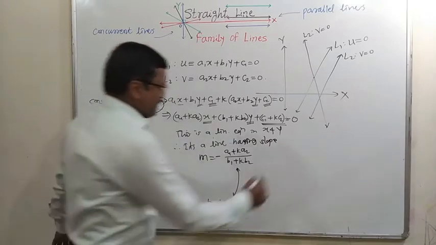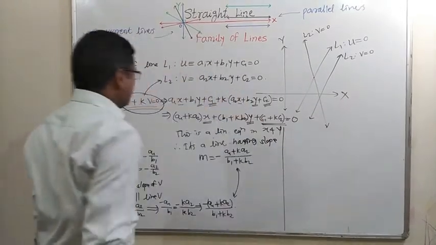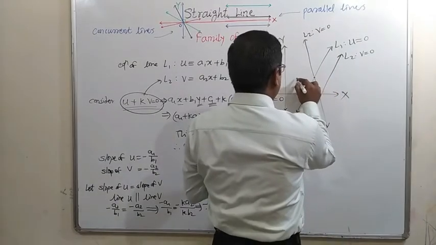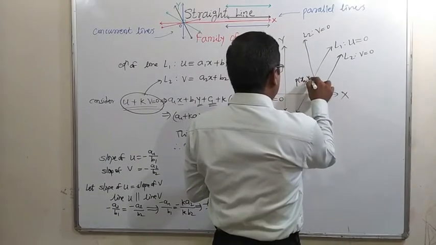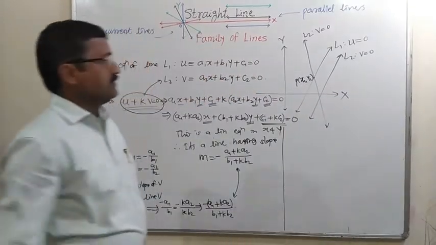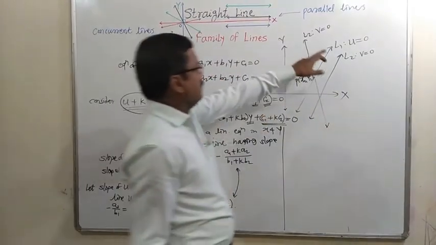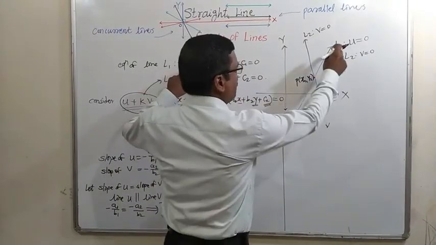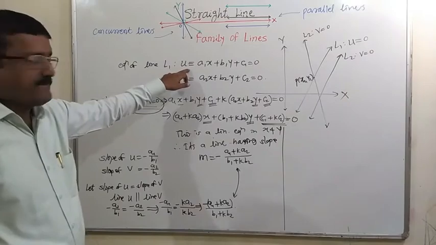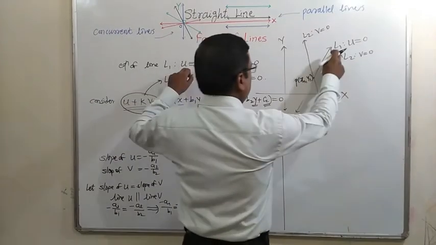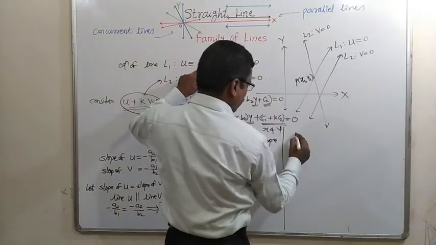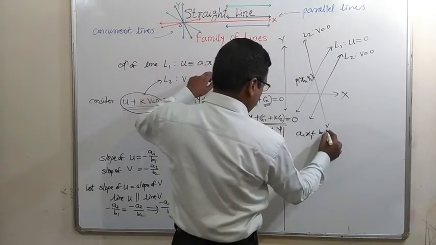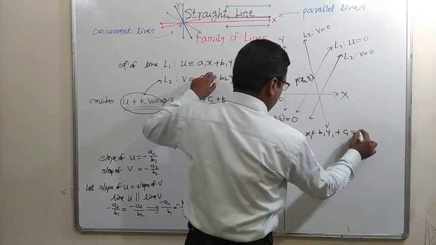Let us see now the second situation. In the second situation, suppose lines u and v pass through point P(x1, y1). Okay. Now as line u passes through point (x1, y1), what will happen? This point will satisfy the equation of line. Am I right? Because point lies on line, so it satisfies the equation of line. So we get here a1 x1 plus b1 y1 plus c1 equal to 0.